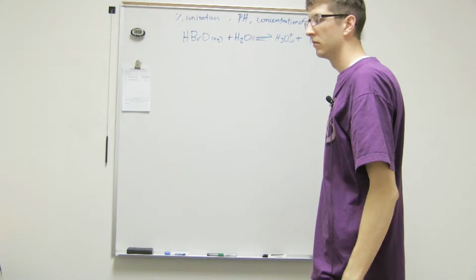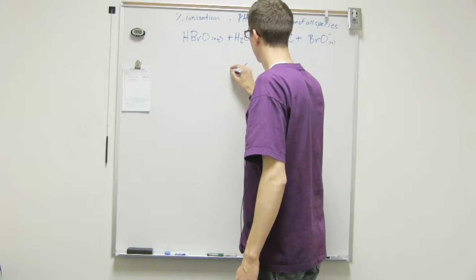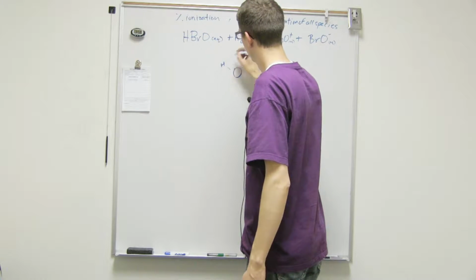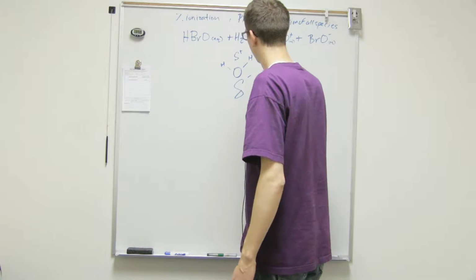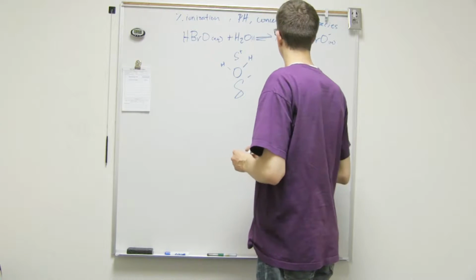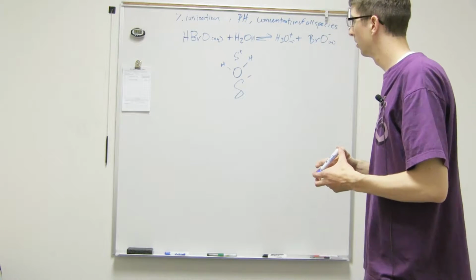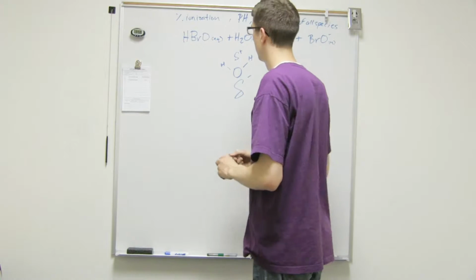And because of that, it's going to attract the partial positives where it's partially negative. And so whenever you attract an extra hydrogen, that's where we get the H3O+, the hydronium ion, because the charge is going to attract it and it's going to break the bonds.